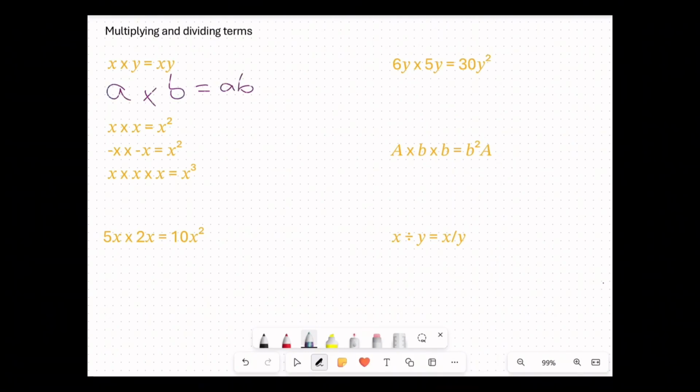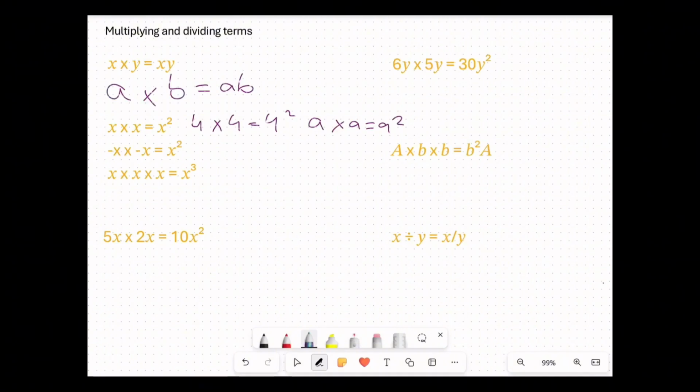Next, we have x times x equals x squared. Any number multiplied by itself would be that number squared. If you had 4 times 4, that would be 4 squared. The same with any variable, a times a would be a squared.